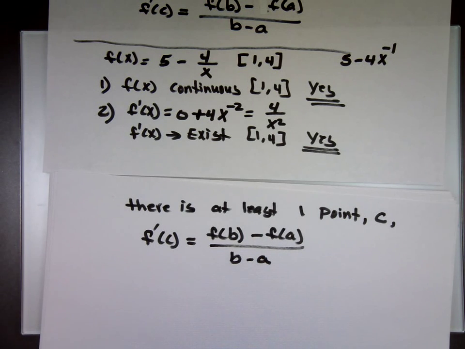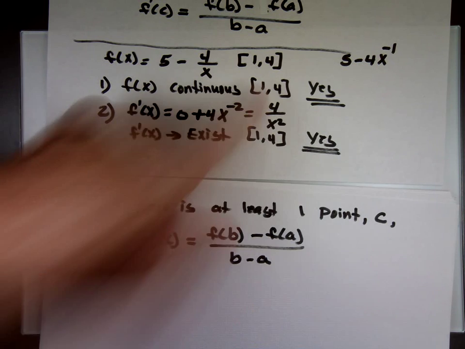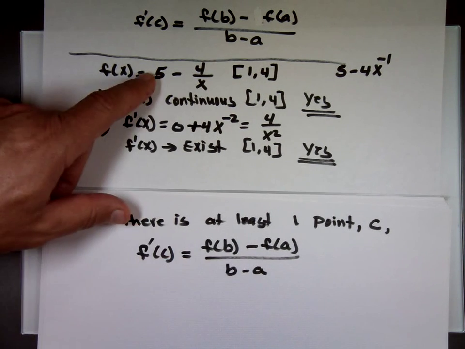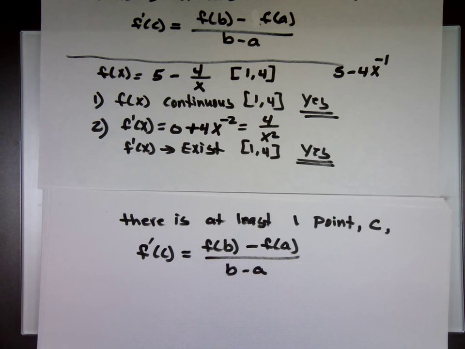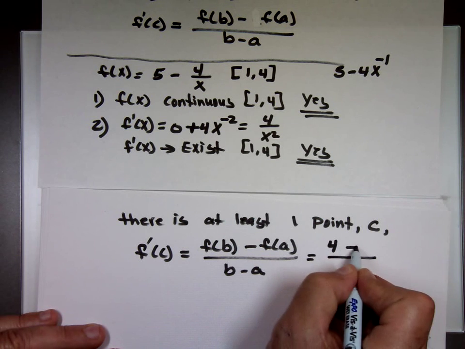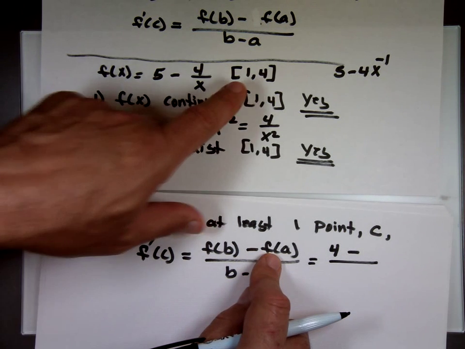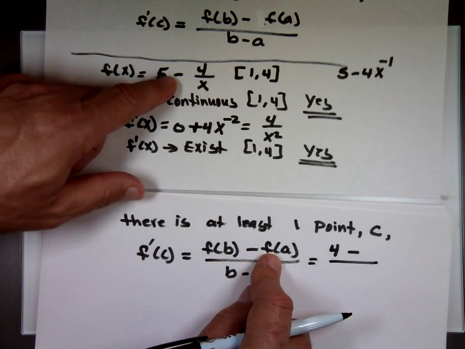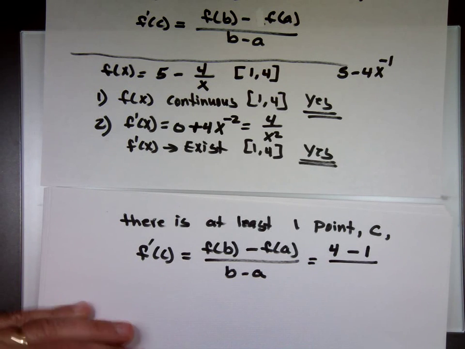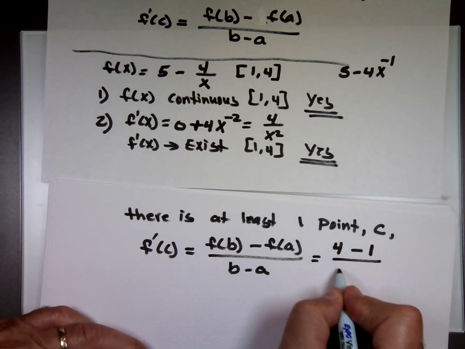Now f of b, b is 4. So when x is 4, what do we have? 5 minus 1, which is 4. F of a, a is 1. 5 minus 4, which is 1. Over 4 minus 1. Is that a 1?